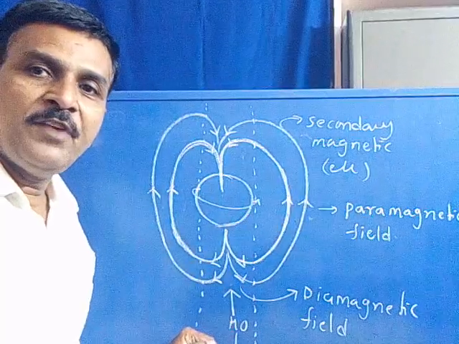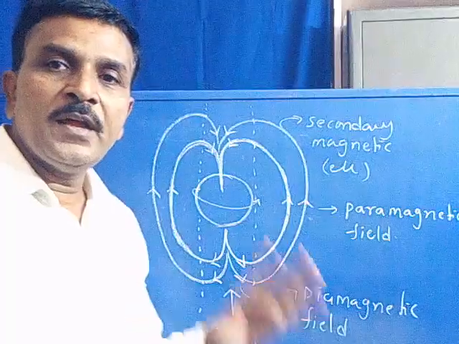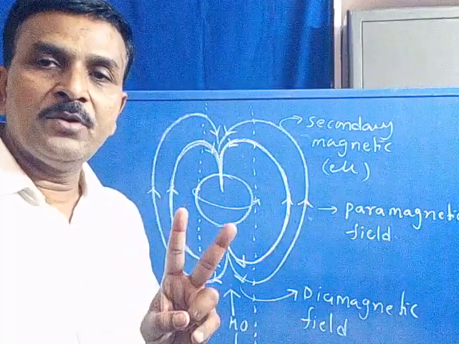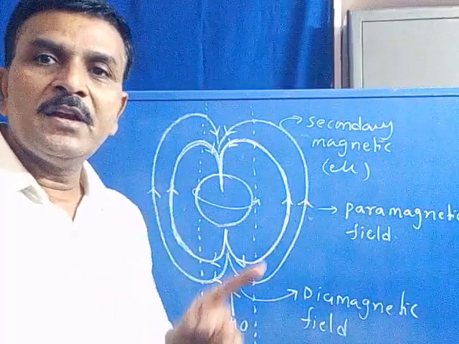So the magnetic field produced by the spinning nucleus could be considered as two types. One is diamagnetic, the other is paramagnetic.